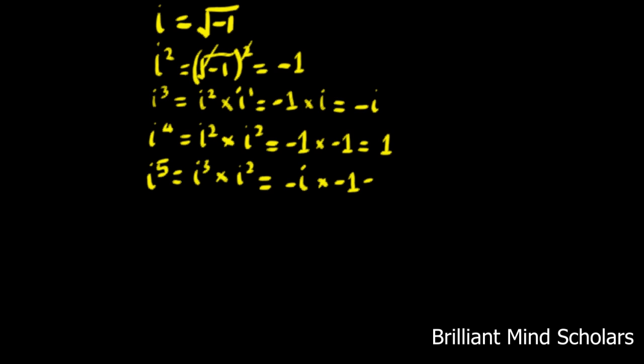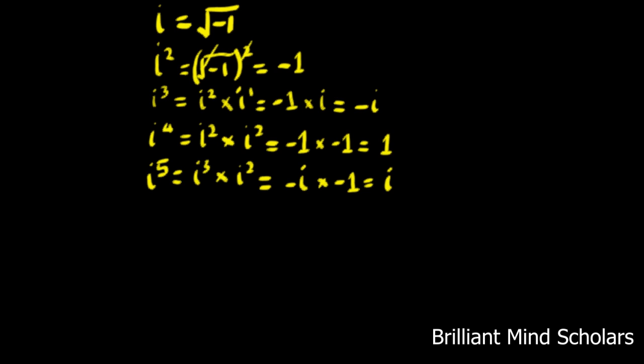Now, minus times minus gives us plus, right? So as a result, our answer for i raised to power 5 would be i. Let's do this up to i raised to power 10. Then I'll show you a little trick you can use to solve this without having to go through the rigors of all this calculation.